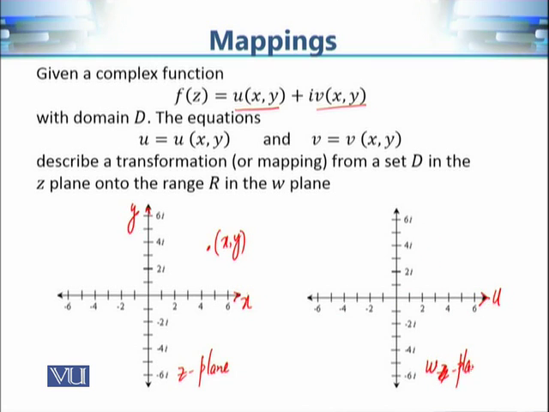Similarly, when we apply v on this point (x, y), we get another real number and we plot it on the vertical real line, which is the v-axis. That's how we get the image of a point (x, y) from the Z plane in the W plane.